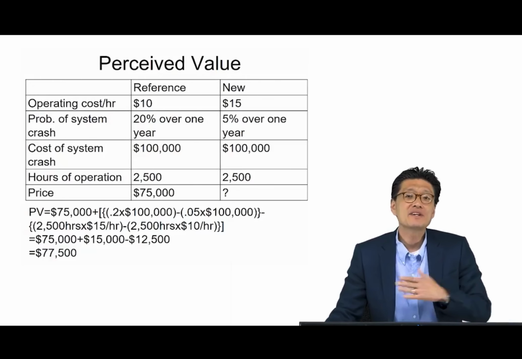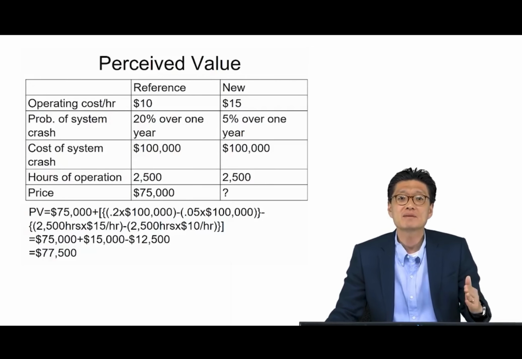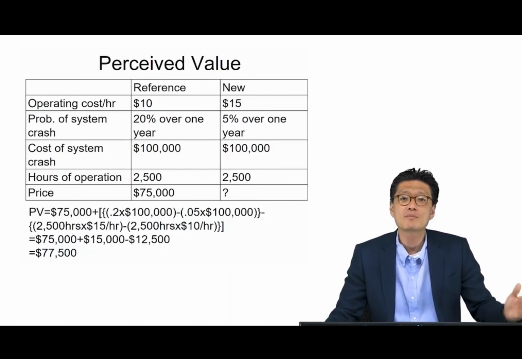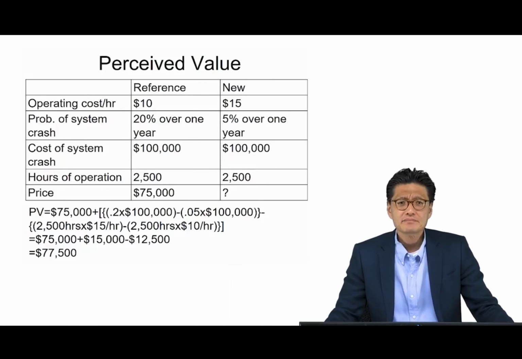So if nothing else changes but the probability of system crash from 1% to 5%, then looking at the equation, the perceived value will be 75,000 plus 0.2, that's 20%, times 100,000 minus, instead of the 1%, 5%, so 0.05 times 100,000, right?